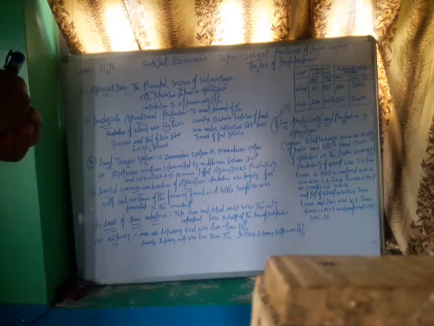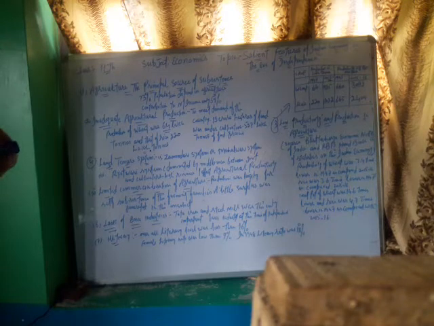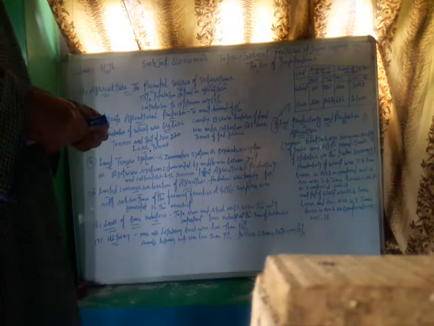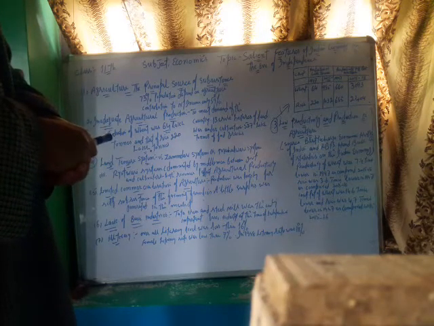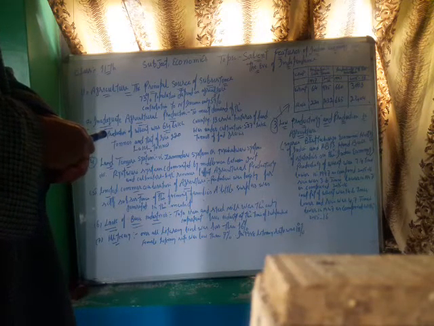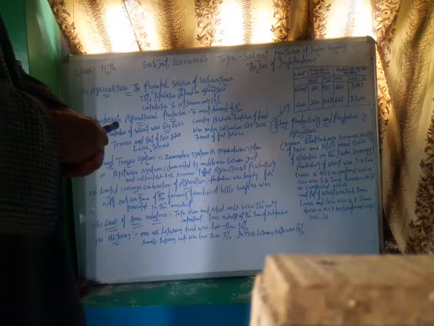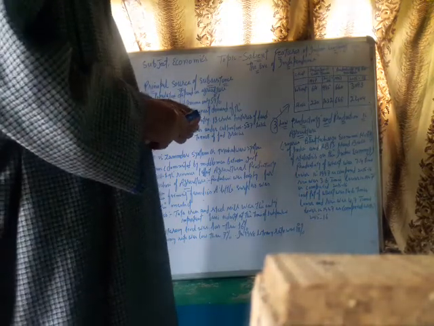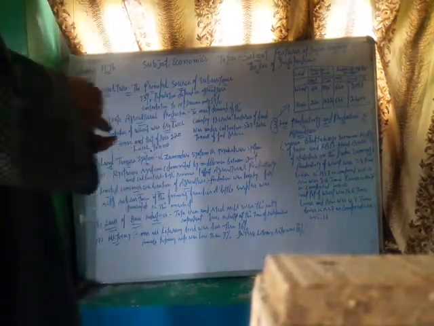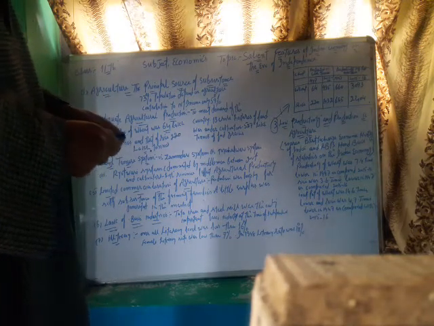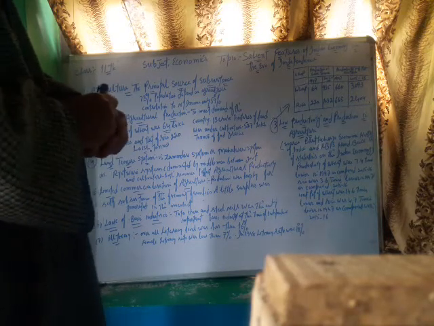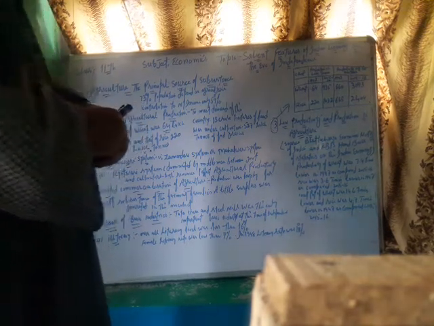Productivity of wheat was 7.4 times lower in 1947 as compared to 2015-16. Productivity of rice was 3.6 times lower in 1947 as compared to 2015-16.